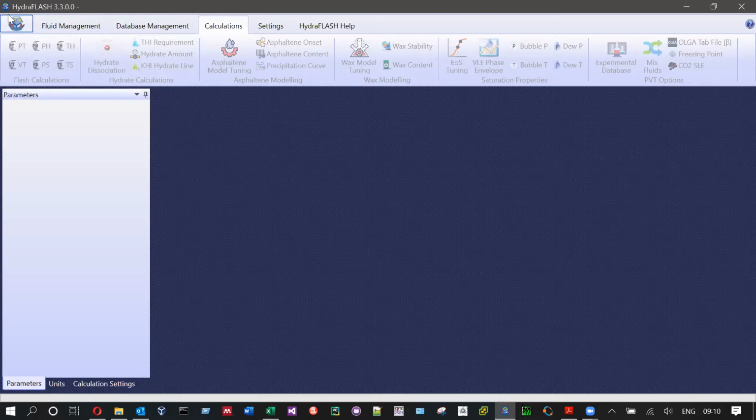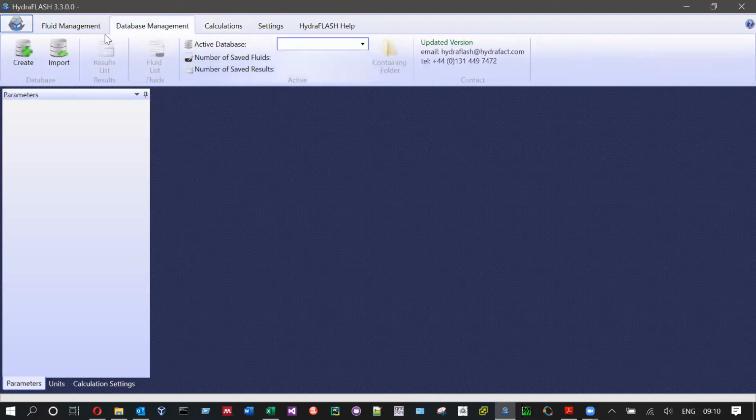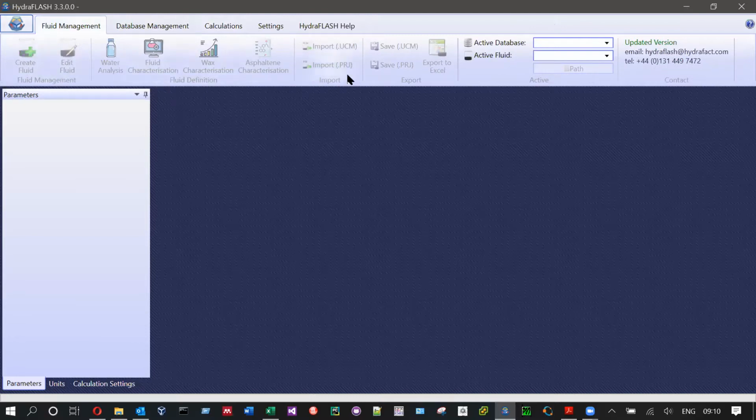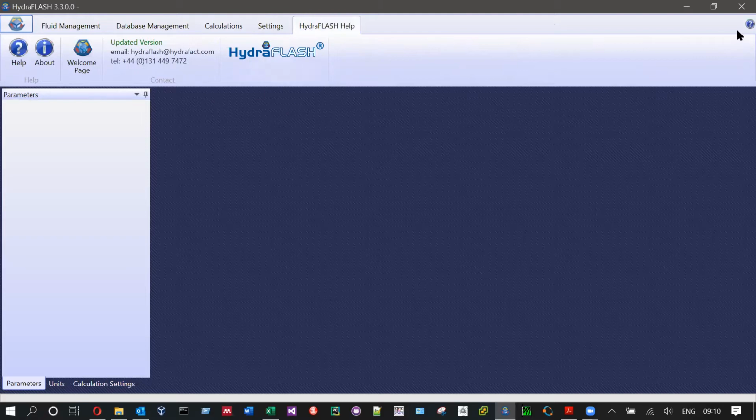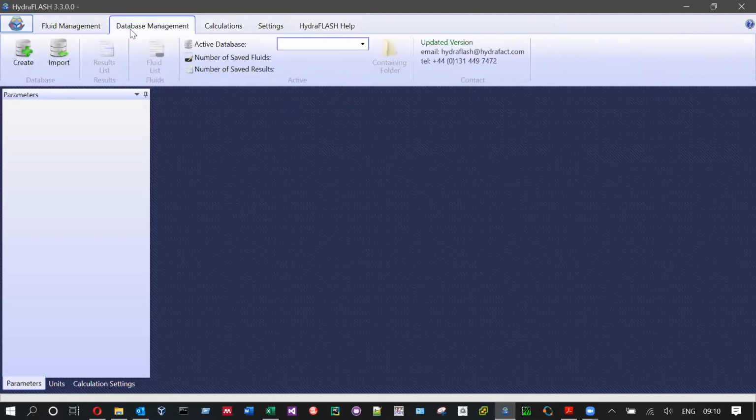This section is for features, calculations, database management, characterizing or creating a composition, settings, and also help. All these features and options are in the main ribbon. All the parameters of calculations, input parameters, and features or options you want to use in a calculation will be in the parameter section.